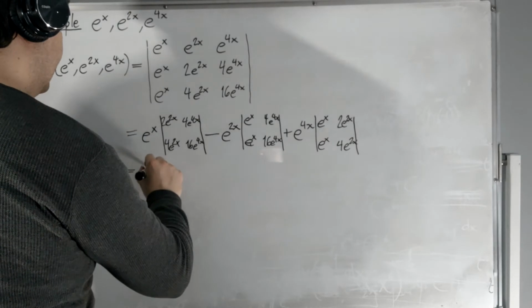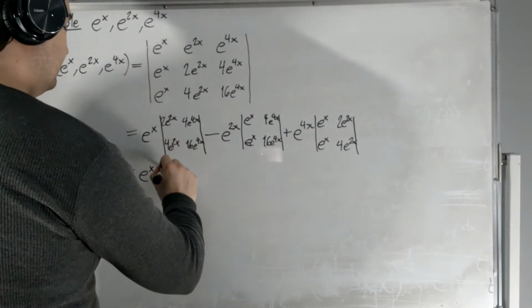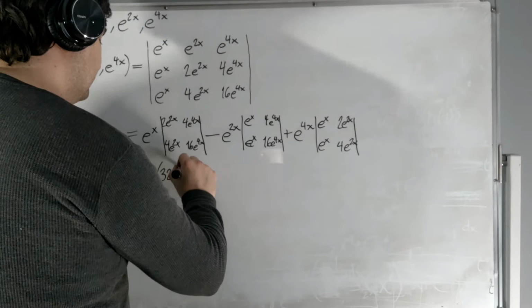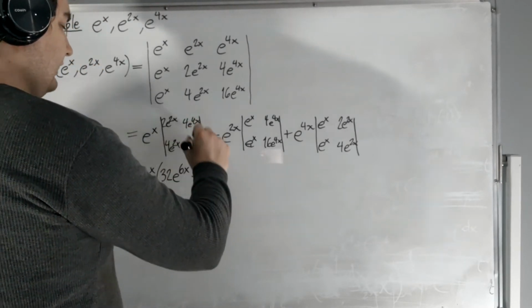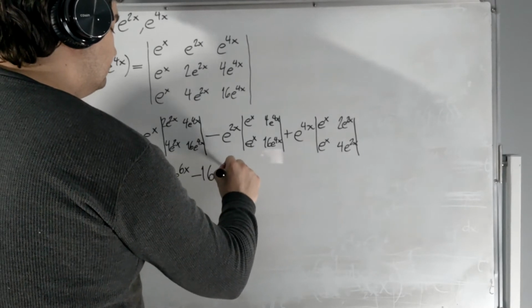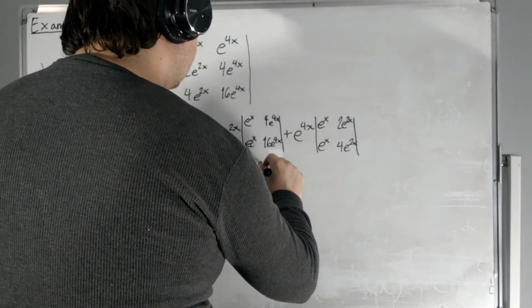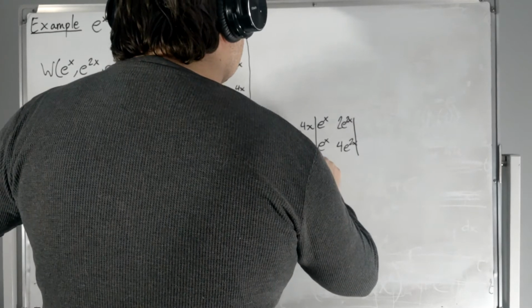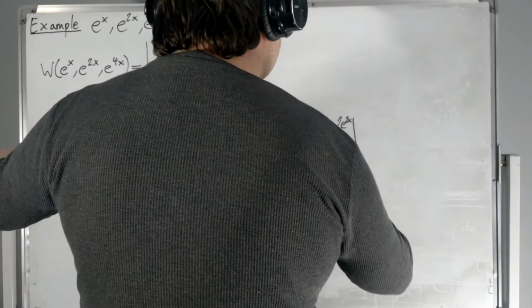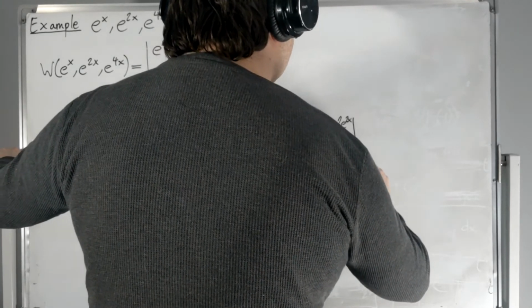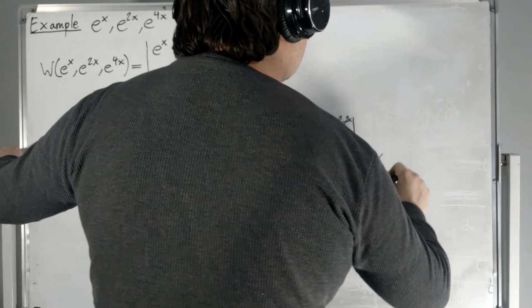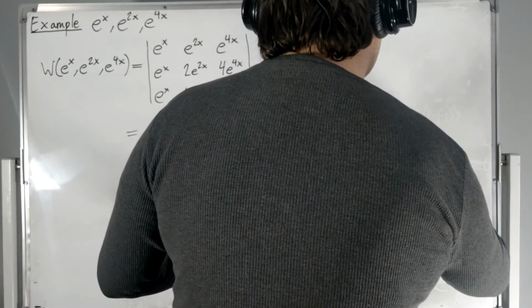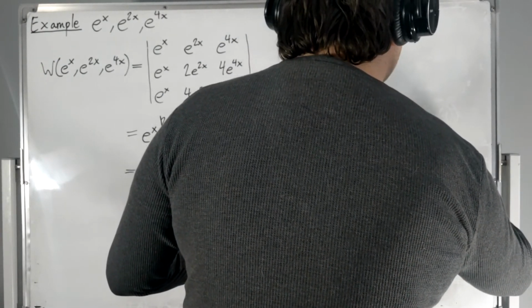So let's see here, we have e to the x multiplied by 32 e raised to the, okay, we need to add the exponents, so we'll get 6x, minus 16 e to the 6x, minus e to the 2x times 16 e to the 5x, minus 4e to the 5x, plus e to the 4x times 4e to the 3x, minus 2e to the 3x.